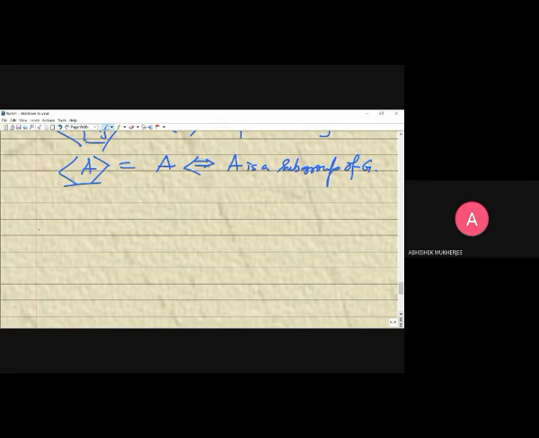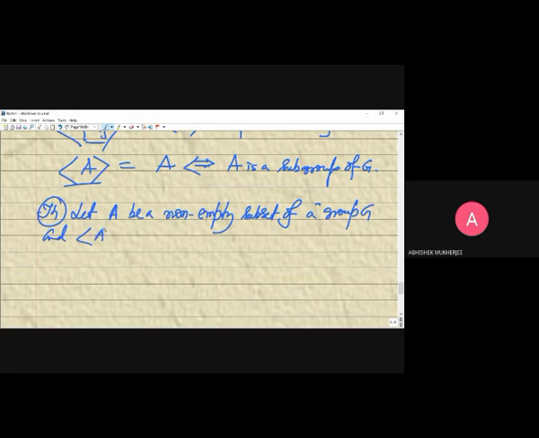So let us write down a statement: let capital A be a non-empty subset of a group G, and this is the subgroup generated by capital A. We want to visualize the elements of this group.